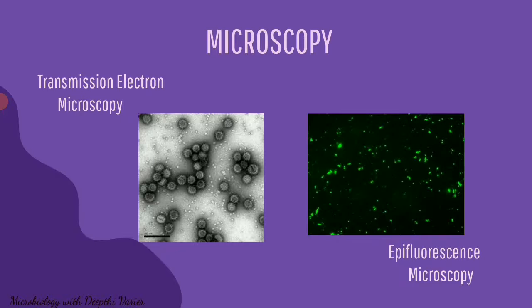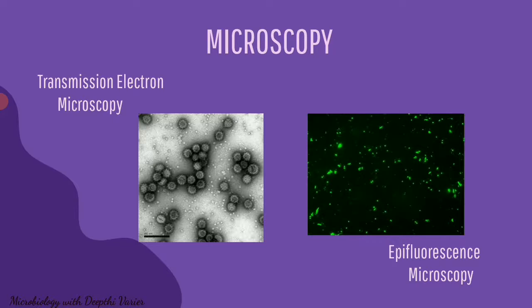One of the types of electron microscope which was regularly used for counting the viruses is the transmission electron microscope. This is a method wherein we prepare the sample in a particular way and we get around 1000 times more magnification than a regular bright field microscope.